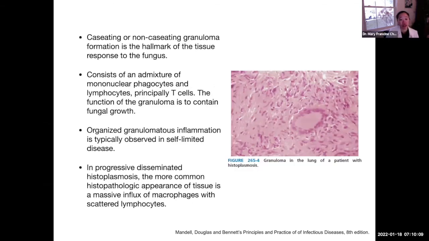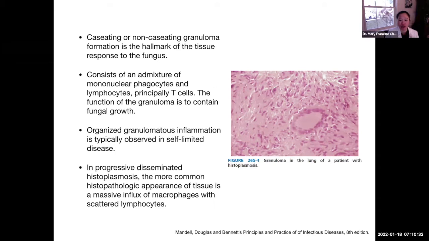So really, the hallmark of tissue response to the fungus is the formation of your caseating or non-caseating granulomas, an example of which you will see on the right on that photo there. And your granuloma really consists of an admixture of your mononuclear phagocytes and lymphocytes, principally your T cells.